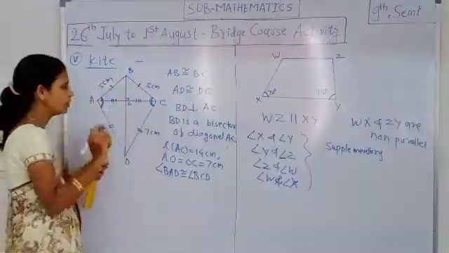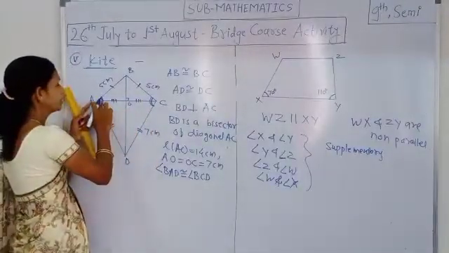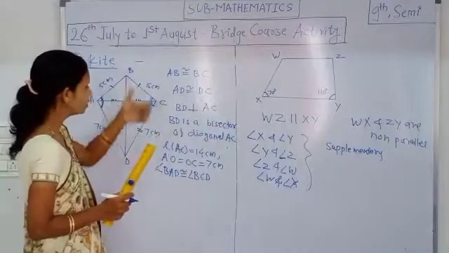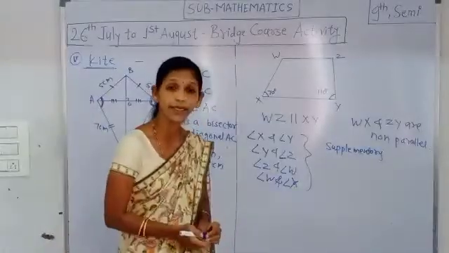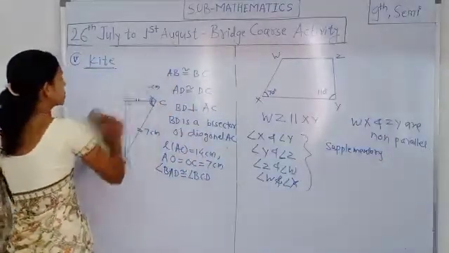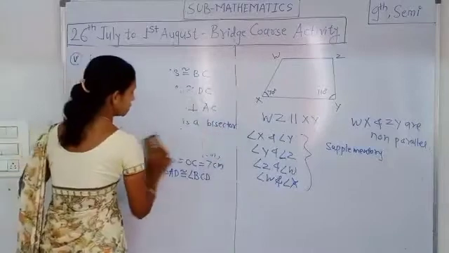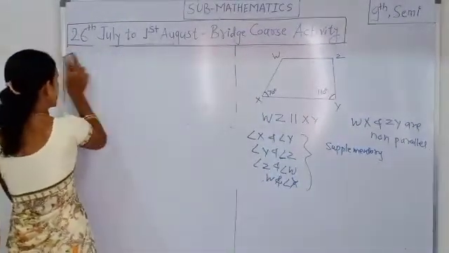Only one pair of opposite angles of a kite is congruent. Those are the properties related to the kite quadrilateral, and you may solve examples based on the properties of those quadrilaterals.